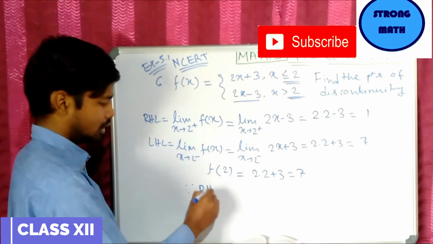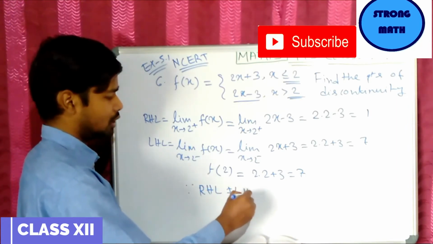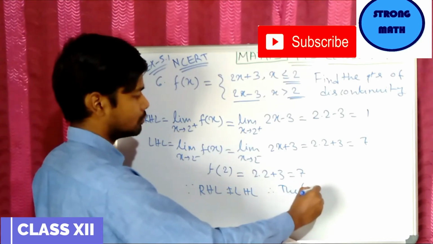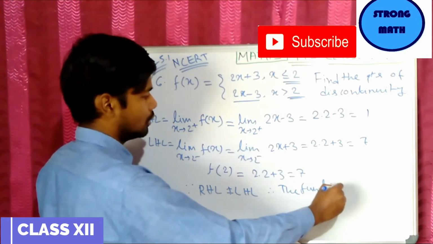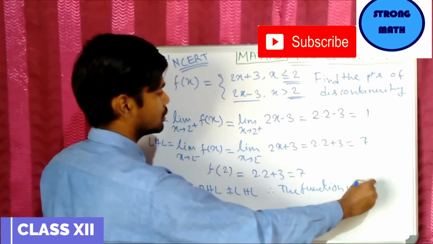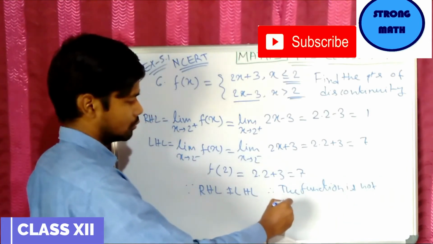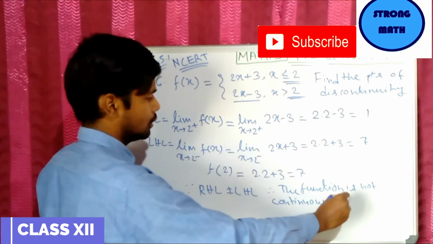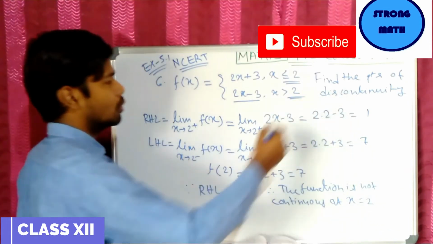Since right hand limit is not equal to left hand limit, therefore the function is not continuous at x equals 2.